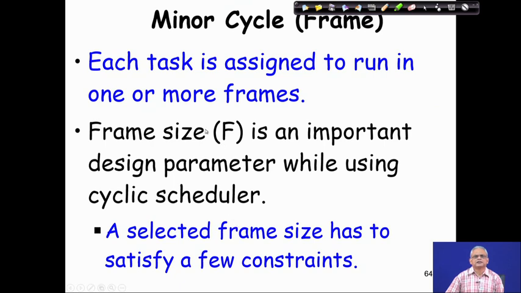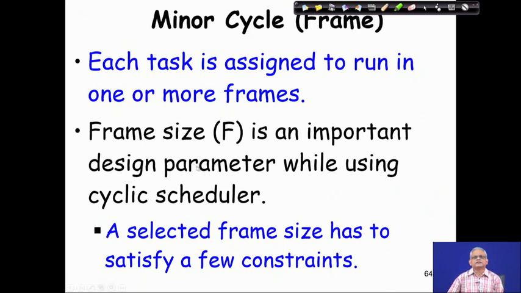One is that it must squarely divide the major cycle. The second is that the frame size must be larger than the largest job size. The third is that between the release of every task and its corresponding deadline, there must exist one frame.